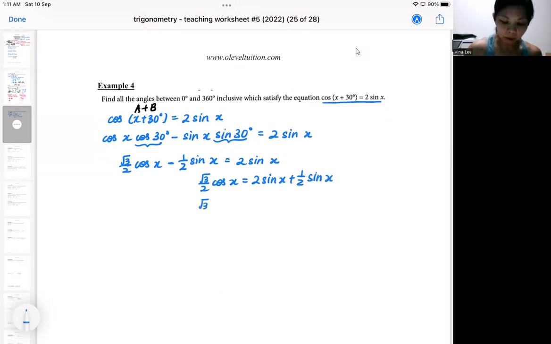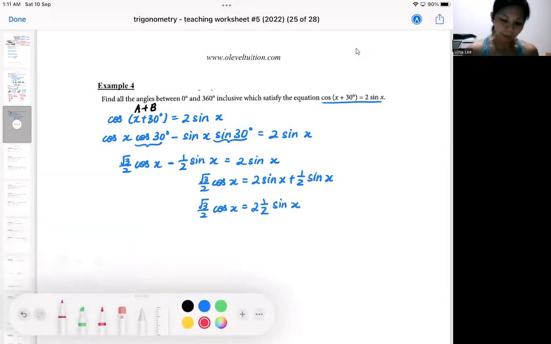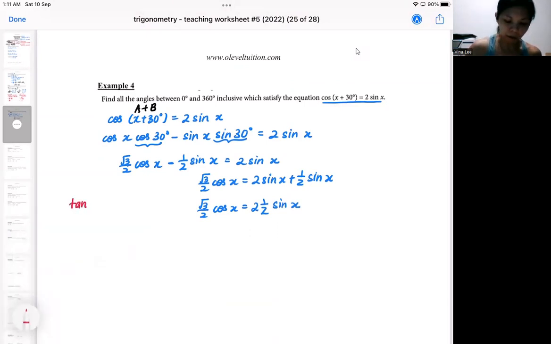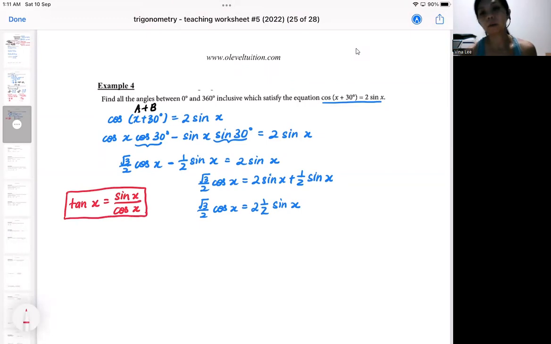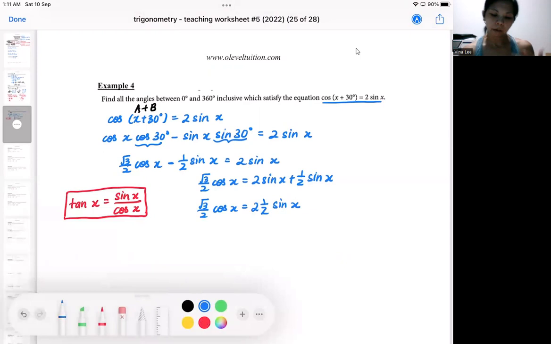Hopefully you can think about which formula can condense these two. The formula that can combine sine and cosine is actually tangent. This is one of the basic formulas, and it is not going to be given in your exam, so sometimes some people will tend to forget it. Currently, I already have cosine x on one side, sine x on the other.